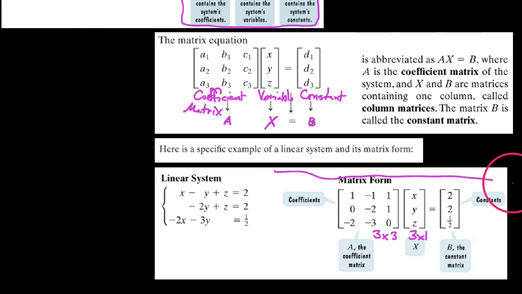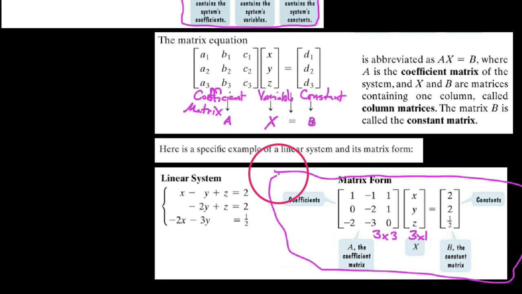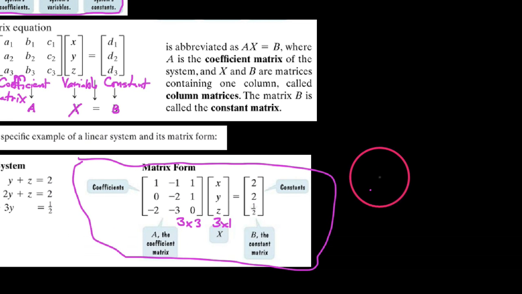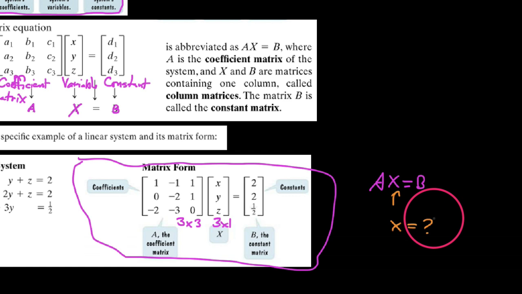So we want to get really good at writing these as matrix equations, because what we're going to be focusing on in just a moment is how, with a matrix equation, we could get X by itself here. Really the question is, how do we get rid of this matrix A here so that X is by itself? And you might think, oh, we'll divide both sides by A, but guess what? Matrix division is not defined.